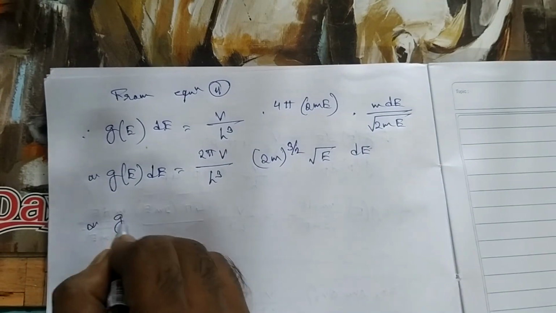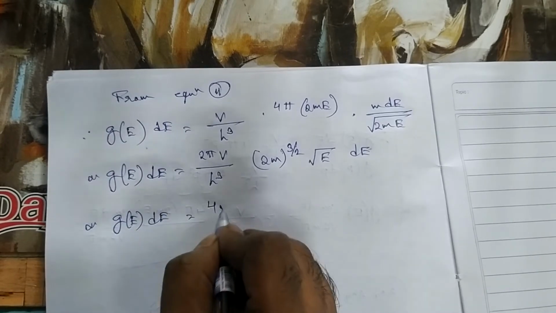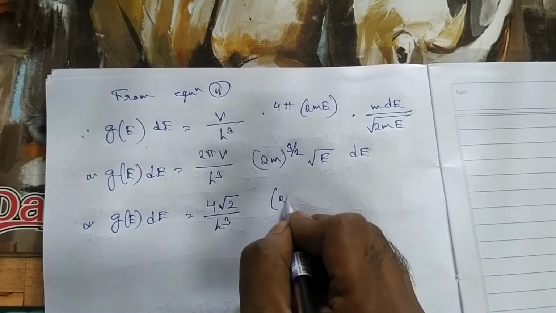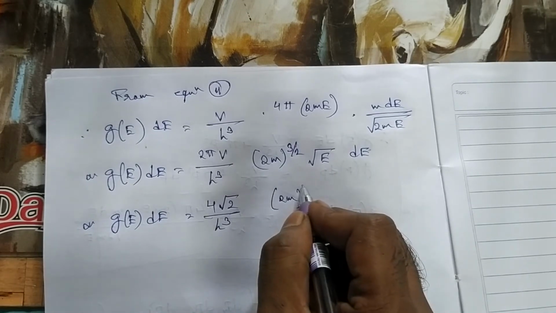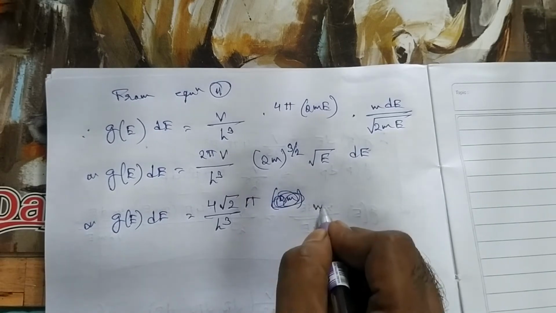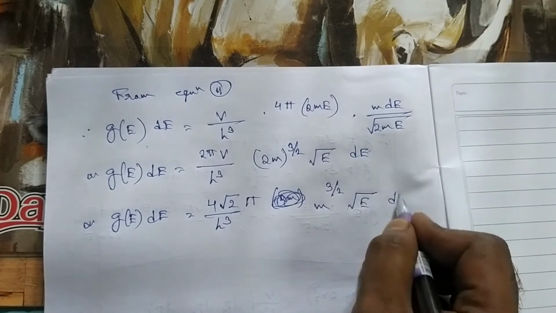So g(E) dE is equal to 4 root 2 pi V by h cube m whole to the power 3 by 2 root under E dE.